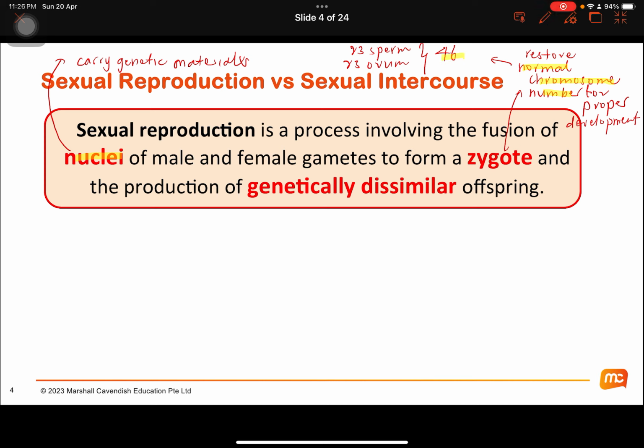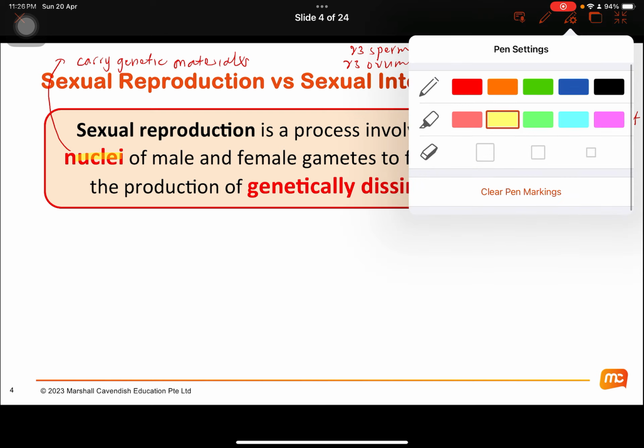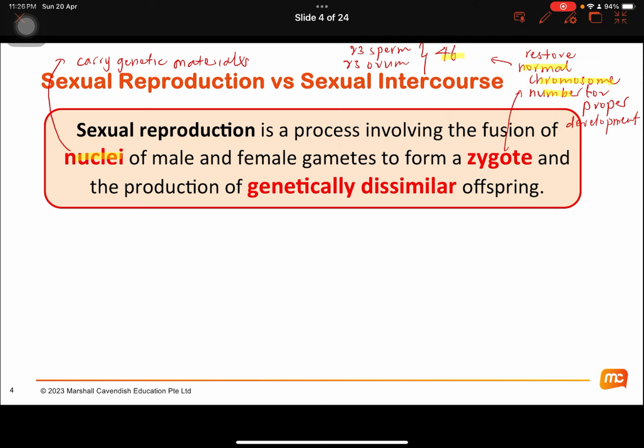And because the sperm only carries half the amount of genetic material from any individual, think about it, the different combinations of sperms in a man and eggs in a woman will give rise to genetically dissimilar offspring. Just look at yourself compared to your parents and yourself compared to your siblings.